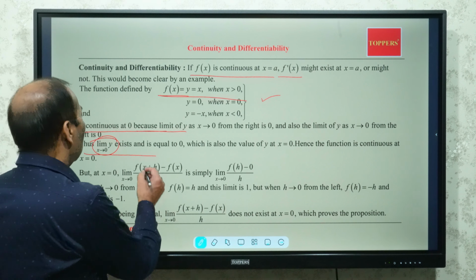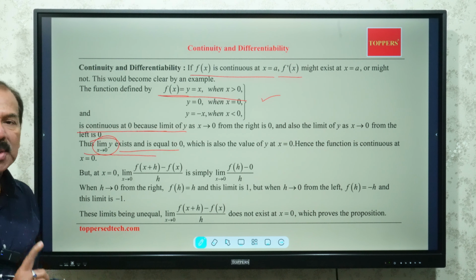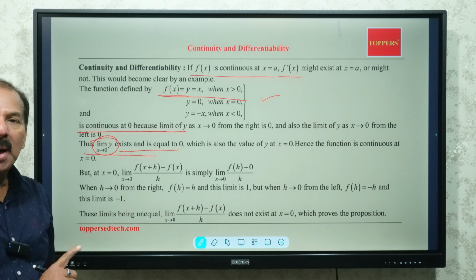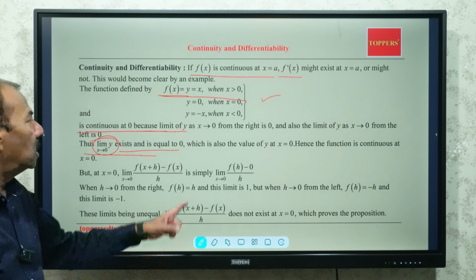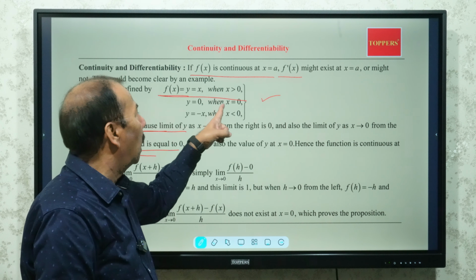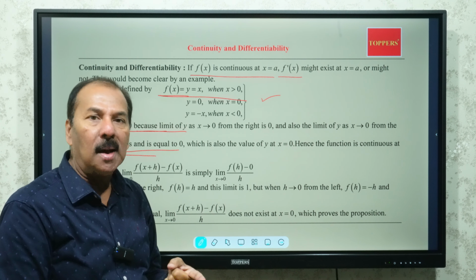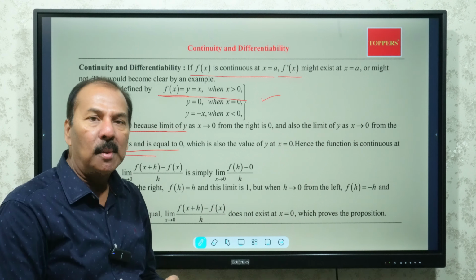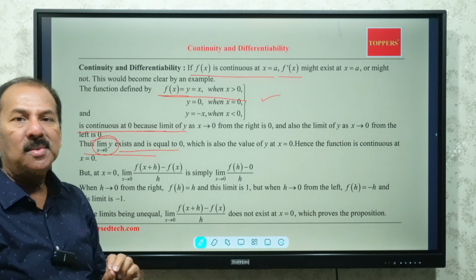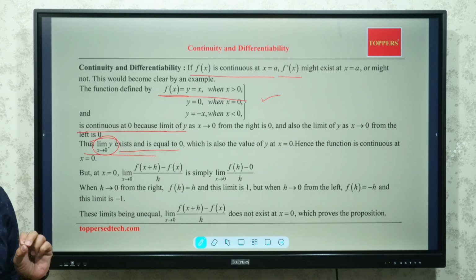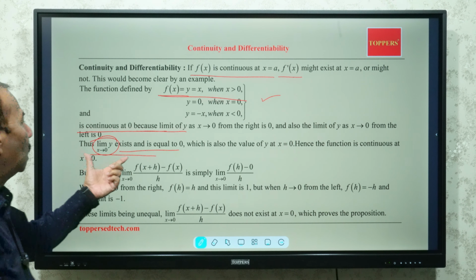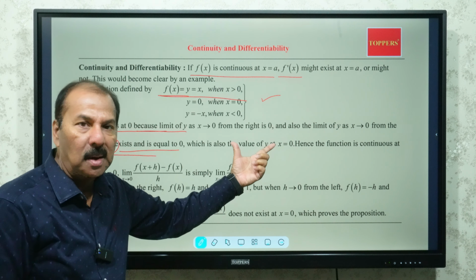Here, the left hand limit as well as the right hand limit when x tends to 0 exist and are equal to 0, which is the value of the function at x equal to 0. This justifies the prerequisite for continuity of a function. So we can say that it is a continuous function.